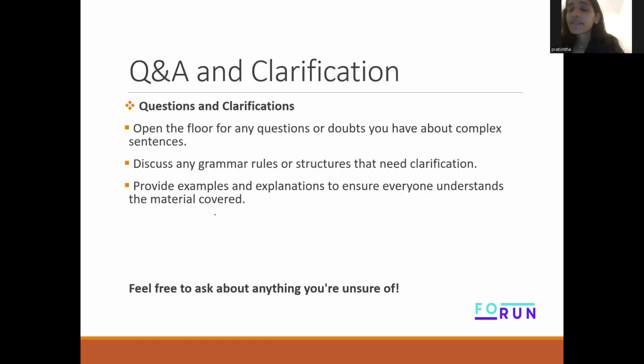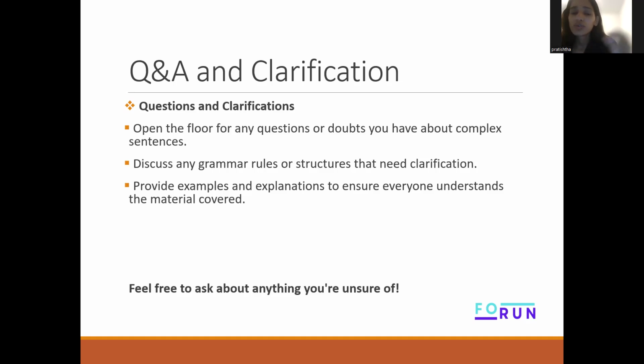Again, if you have any kind of doubts related to complex sentences, even compound sentences, conjunctions, independent and dependent clauses, anything, you can ask, right? You can also discuss grammar rules, and I will try to provide more examples and explanations, and make sure that you have understood everything.